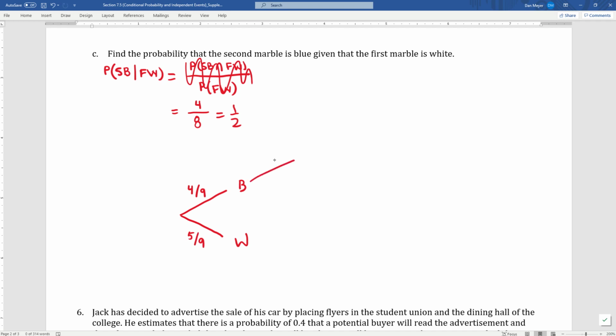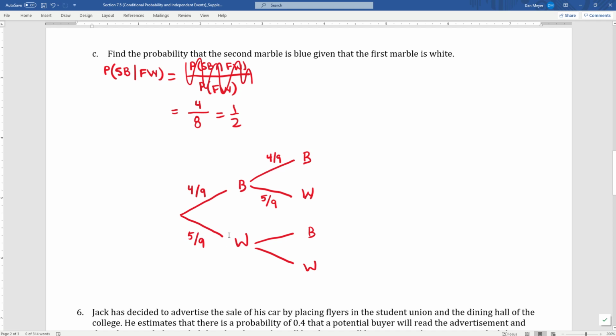And then in the second stage, we still have the same possible outcomes, a blue marble or a white marble. But there are some different probabilities depending on what happened in the first round. Like we discussed, if I pull a blue marble out in the first round, we get all the marbles back for the second round, and so the probabilities in the second round are the same as in the first round: 4/9 for blue and 5/9 for white.